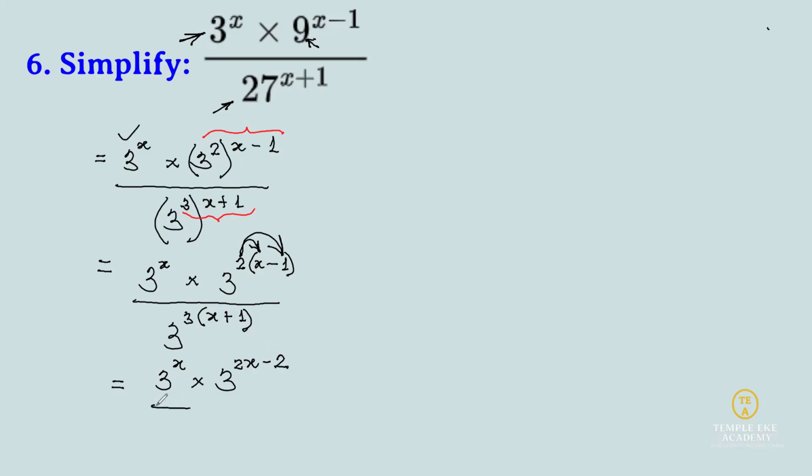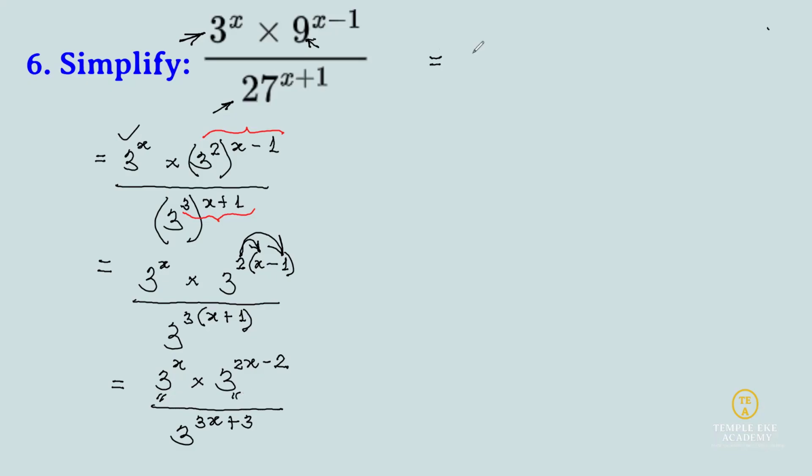In the denominator, of course, same operation. We have 3 raised to the power 3 multiplied by x, 3x. That's right. Plus 3 multiplied by 1, and that is 3. Let us take a moment to combine the terms in the numerator. We have the law of indices, the combination law. We have 3 to the power and 3 to the power.